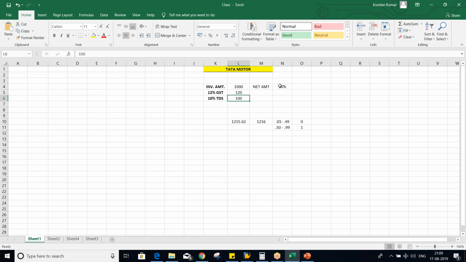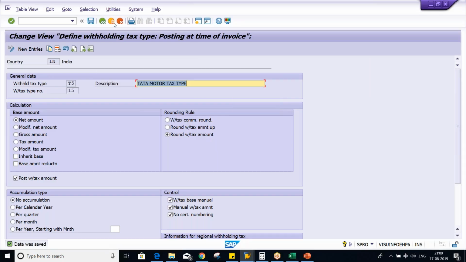Let's suppose I say the base amount, percentage subject to tax is 50%. It means what is the 50% of base amount, guys? Here 1000 is there. The 50% of 1000 is how much? 500. So now the tax is going to be calculated on 500 only. It means that 10% TDS of which amount? 500. So how much is it? 50 rupees only, right?